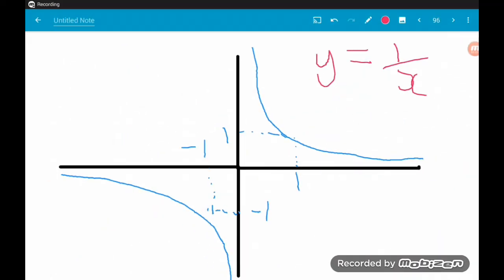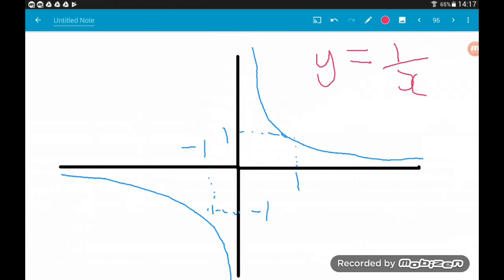Okay, so here's our graph of y equals 1 over x. This might look familiar. For those of you that haven't realised yet, we are dealing with inverse proportion. So as x gets bigger, y gets smaller.